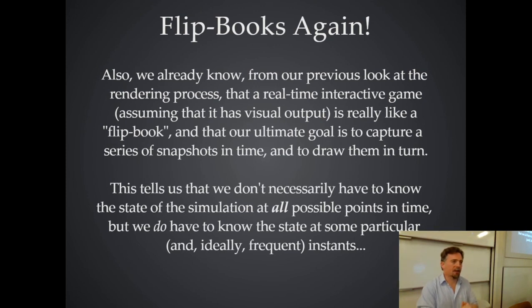So that's basically how it works. When you have your simulation, you know the state of the simulation at time t, and then you do some stuff and you draw a picture, and then you get to a new frame and you say, okay, what time is it now? And it'll be like t plus 1 or t plus 1.5, or however many units of time have passed. And then you go to all the objects and you say, okay, could you now update yourself by that amount of time?